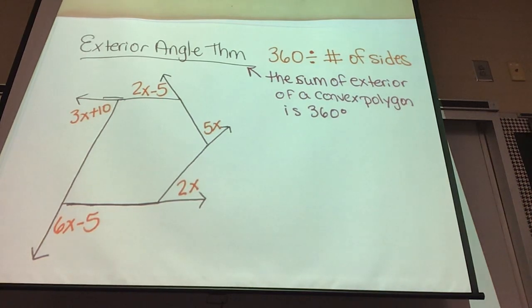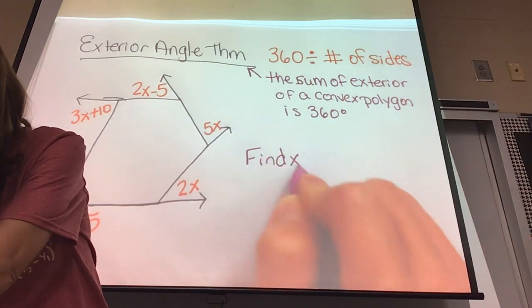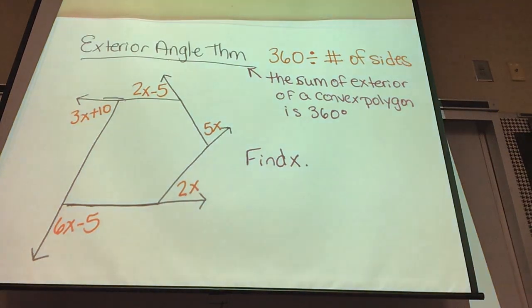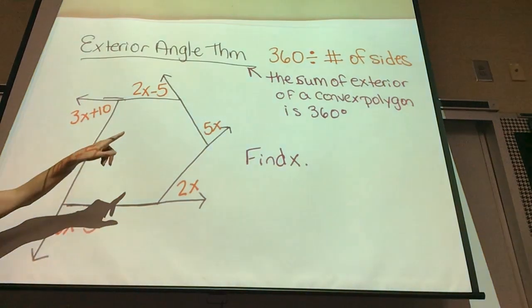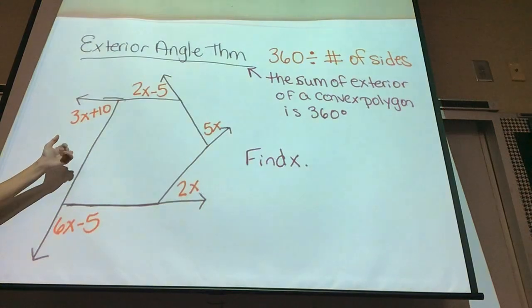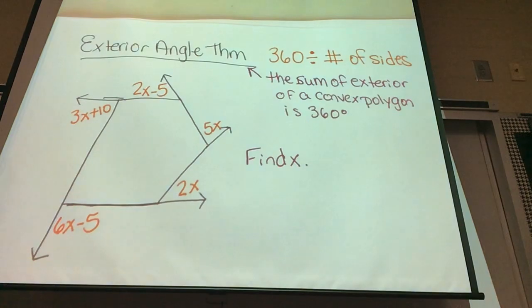So what I need to do is find x. If I want to find x, what do I need to do? Basically what we've already done before. I need to add all of these together, but I already know what it's going to be set equal to: 360, because I know every convex polygon is equal to 360.